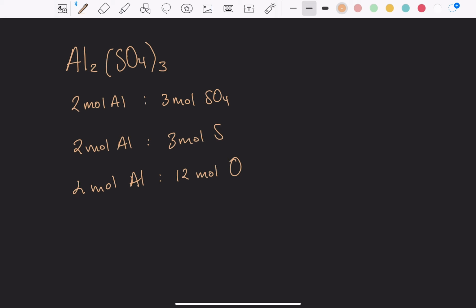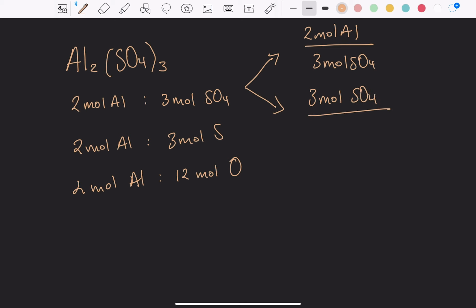And I can use the chemical formula as a conversion factor. I can convert either one of these into conversion factors where I have the 2 moles of aluminum at the top and 3 moles of sulfate at the bottom, or I can have 3 moles of sulfate at the top and 2 moles of aluminum at the bottom.